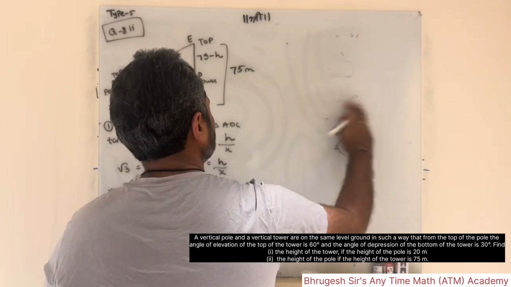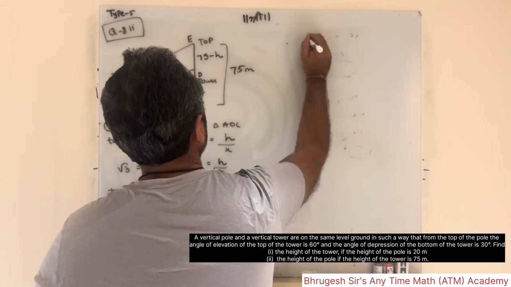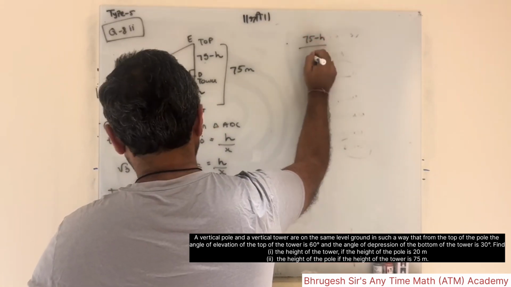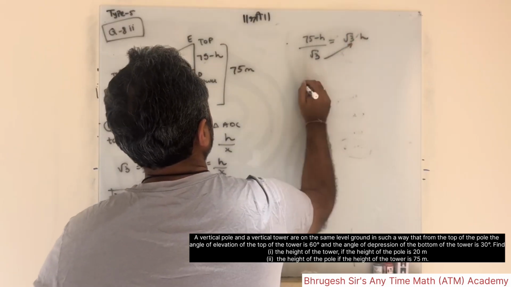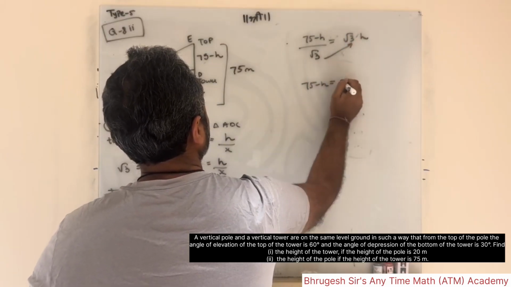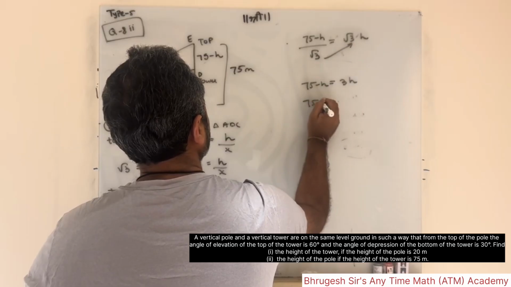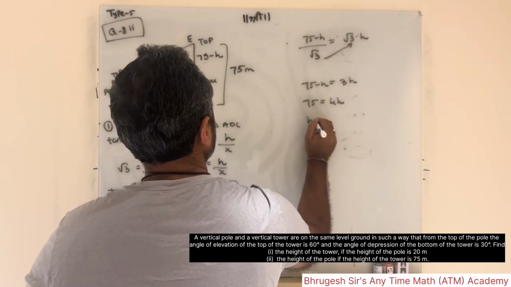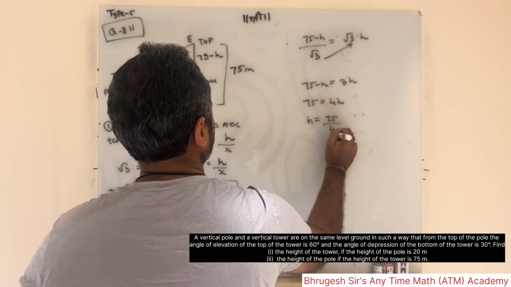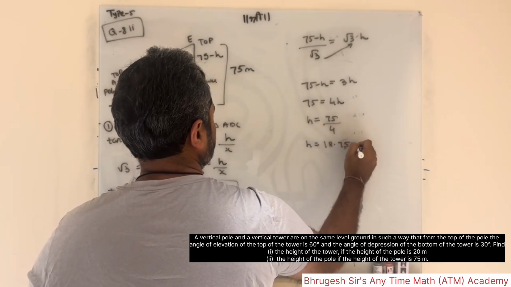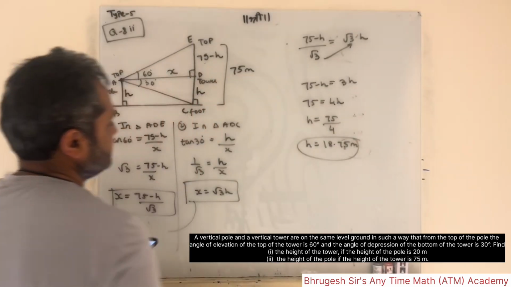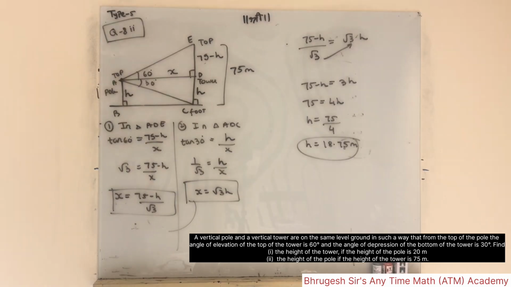So 75 minus h upon root 3 is equal to root 3 h. Multiply. So 75 minus h becomes 3h. 75 becomes 4h. So h becomes 75 upon 4, that is 18.75 meters. Okay. So very similar sum.